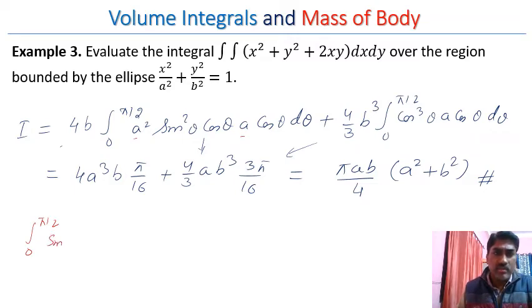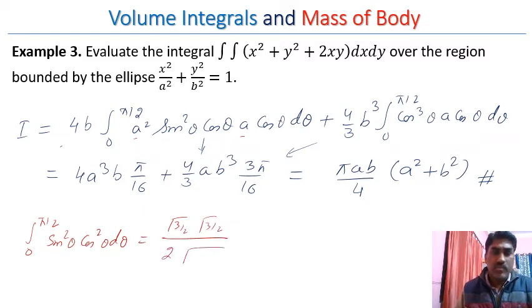Then sine square theta cos square theta d theta, for which we just learned the formula in the previous question. So this is gamma 3 by 2 gamma 3 by 2 over 2 gamma 6 by 2. You can evaluate this.